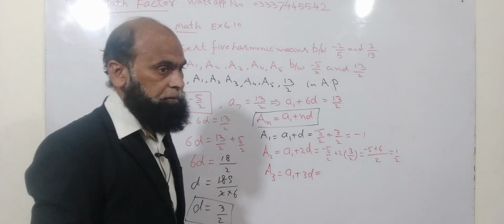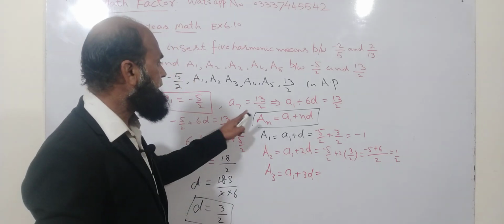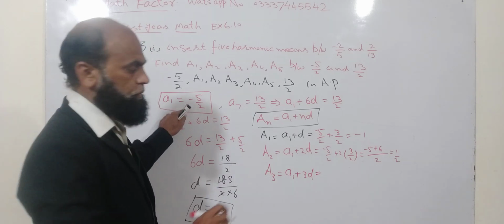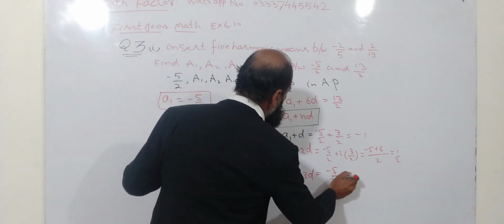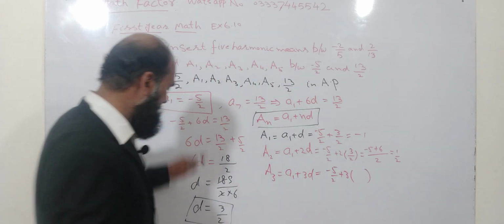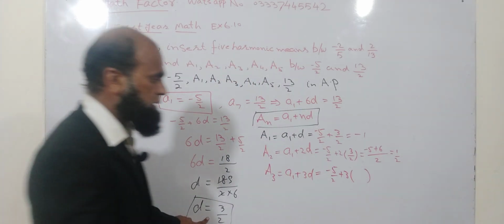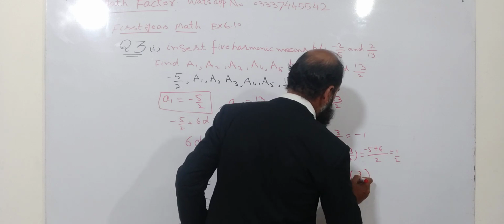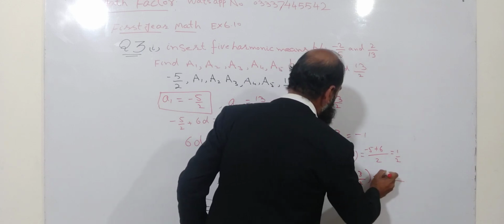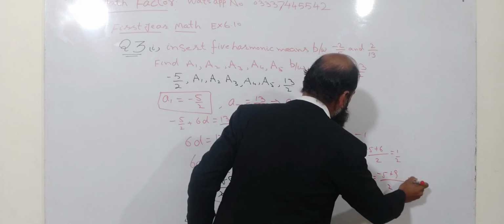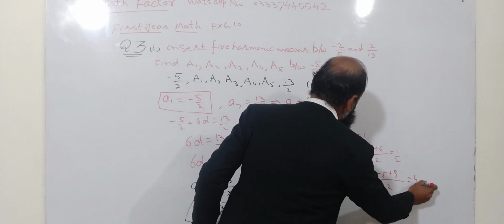a1 plus 3D, a1 is minus 5 by 2, minus 5 by 2 plus 3 into D, D is again 3 by 2, and its LCM is again 2, minus 5 plus 9, answer is 4 by 2 or only 2.